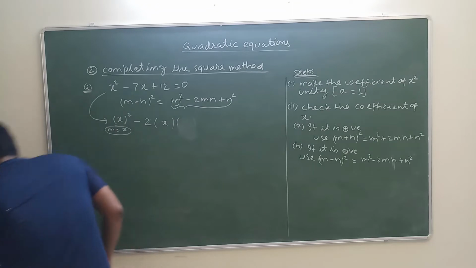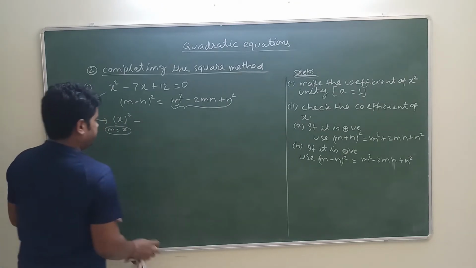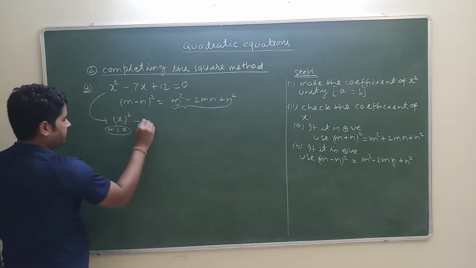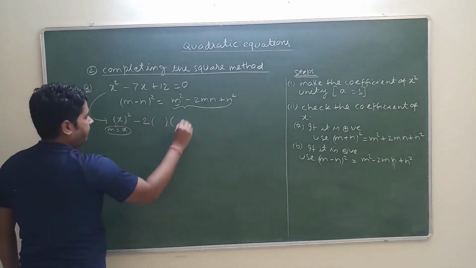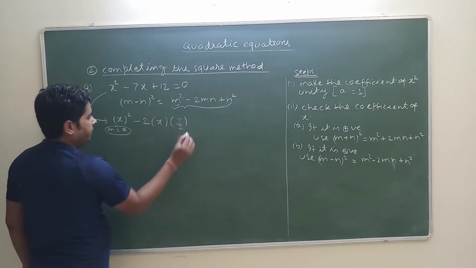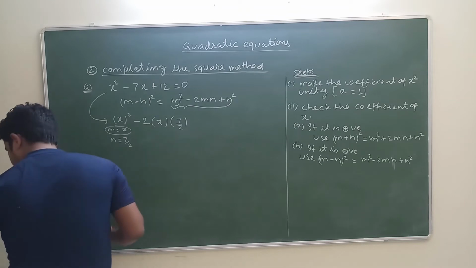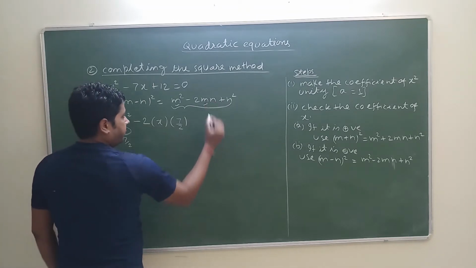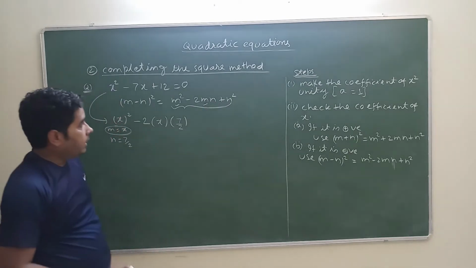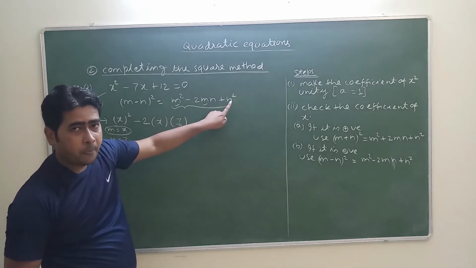Let me write this term properly. Okay? This is minus 2 m and n. M is x and n is 7 by 2. So we have got n as 7 by 2. So this term is also completed. Now to complete this identity, we need n square also.